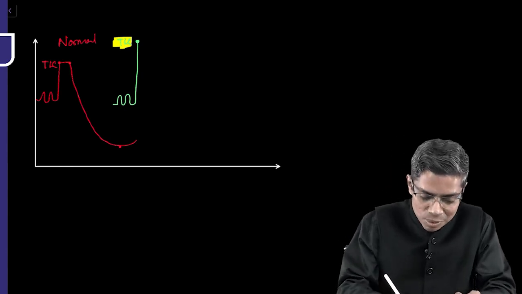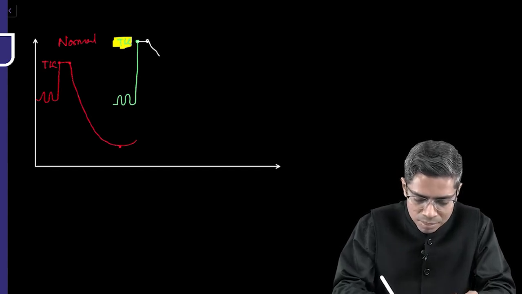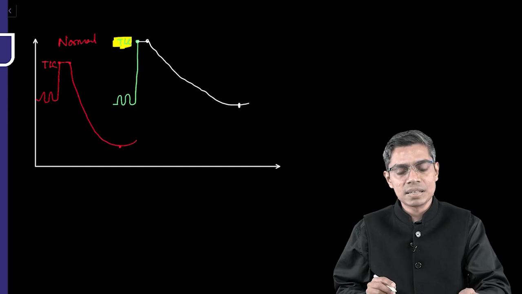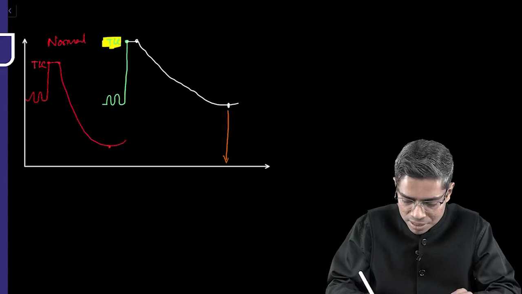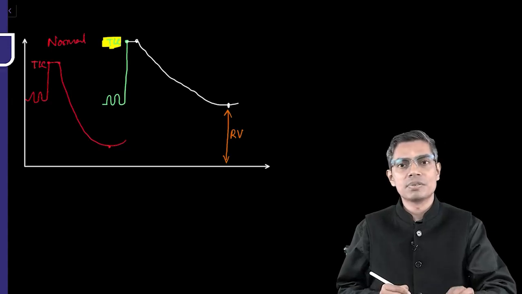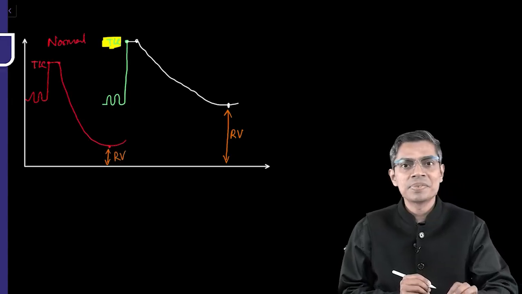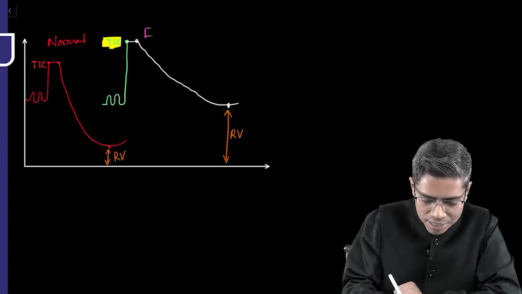The problem will arise when the person starts expiration. During expiration, because of the early closure or collapse of the bronchioles, the person will not be able to expire completely and will take a long time for expiration. Even after full expiration, a huge amount of volume will still remain in the lung. That's why we say that the residual volume of this person will be higher than that of the normal person.